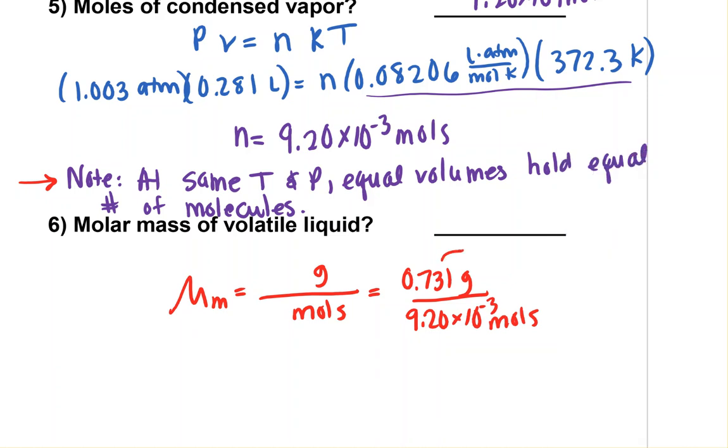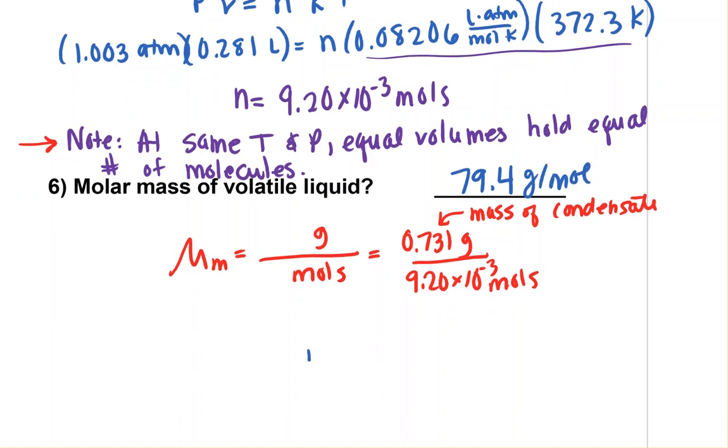Okay, this number is what we determined above, and so I get 79.4 grams per mole, which seems like a normal molar mass, but what should you expect? I'm going to say in this range.